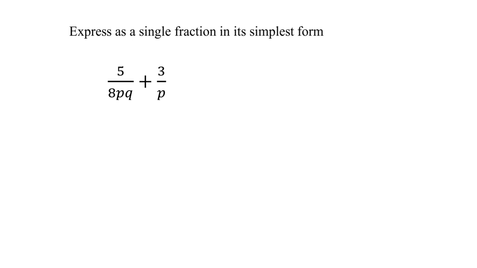the following expression. Well, when we add algebraic fractions, we do need to make sure that the denominator is common. So in this case, I can see that all I have to do is to multiply A and Q here, then I will get the common denominator 8PQ.